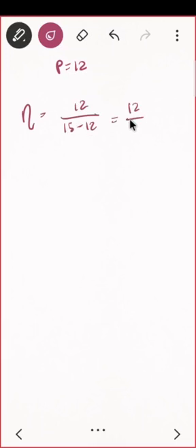When p equal to 12, what will be your elasticity? That will be 12 upon 50 minus 12, so that is 12 upon 38. You can use a calculator and tell me the answer.